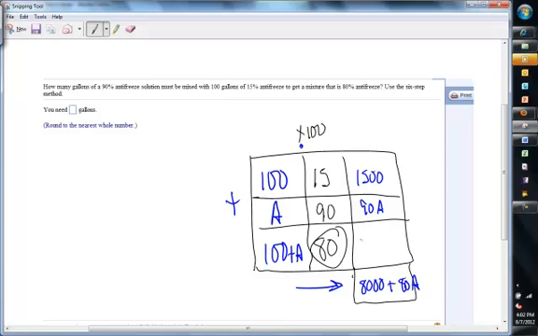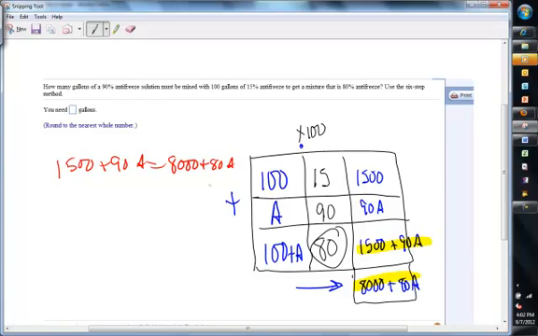We add those two together, 1,500 plus 90A. So our equation is going to be these two boxes equal to each other. 1,500 plus 90A equals 8,000 plus 80A.